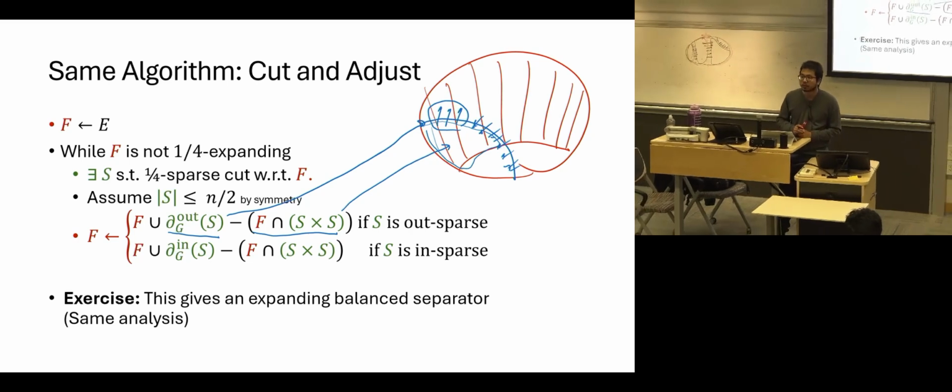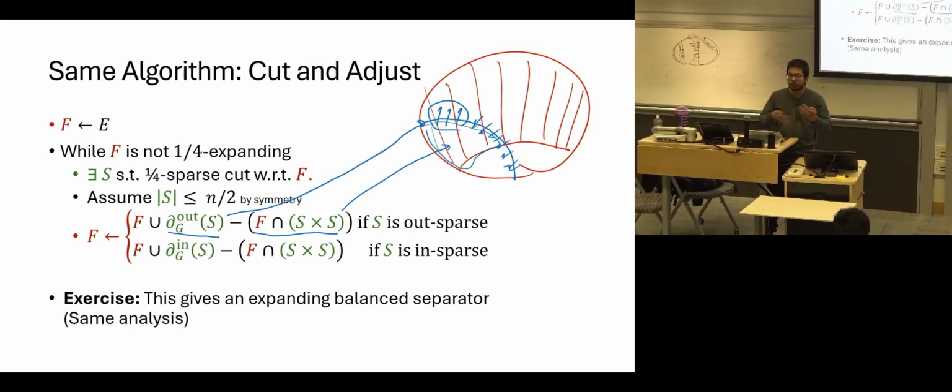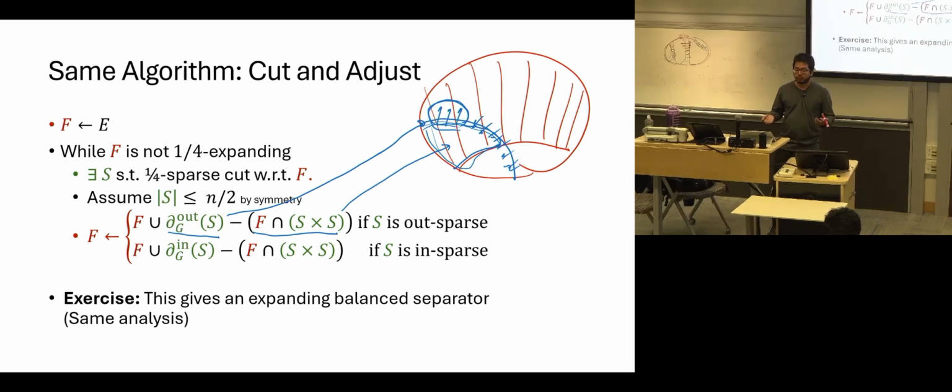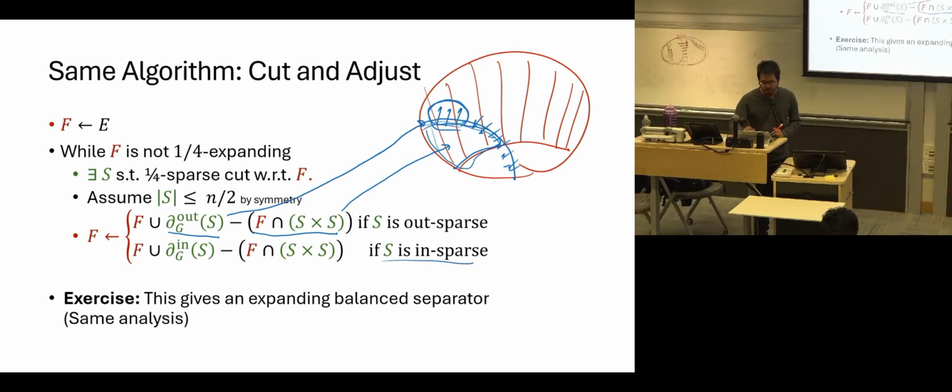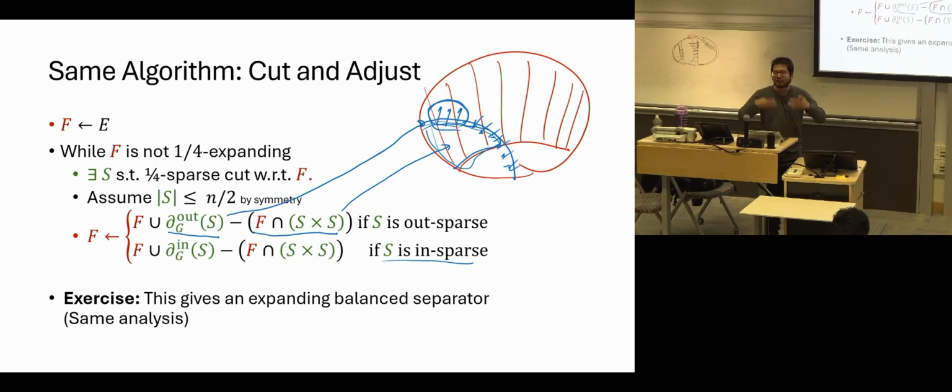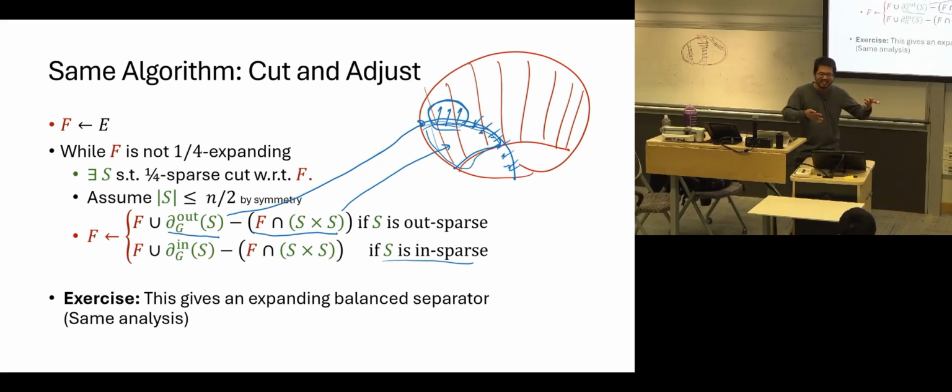This is just how we adjust F. The thing that we add is going to be small compared to the thing that we remove. That's how we make progress, because it's sparse. If it's in-sparse, then we just do it in a similar way, in such a way that you add less than what you remove.